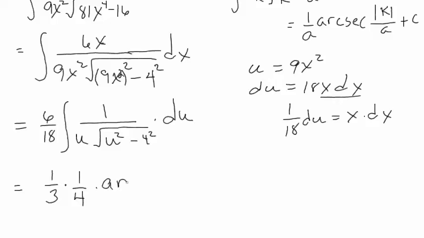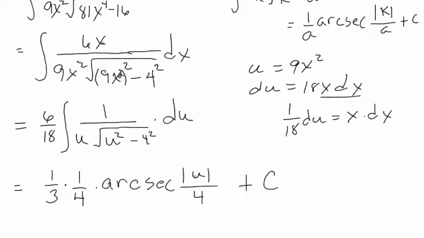And then we have arc secant of the absolute value of u over a, and a was 4, plus c.